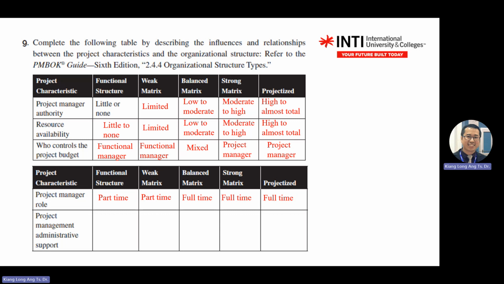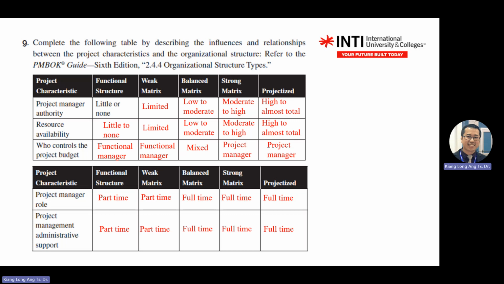And this one, administrative support. Do you think the functional structure has this one? Okay, this one is your PMO office actually. So this one, in terms of part-time, will follow the PM role here. So you see the same, following the PM role here. This is the PMO, project management office.